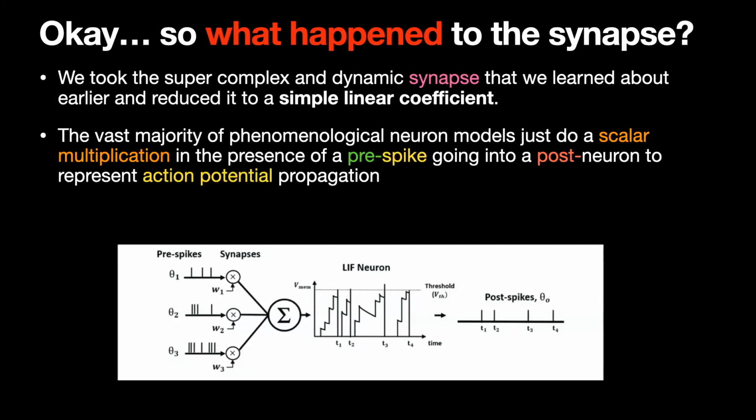Really all that's happening is you're just multiplying by a scalar value. That's the majority of what's happening in both the world of AI and the world of neuromorphic computing. And like all phenomenological models, it's a massive oversimplification.